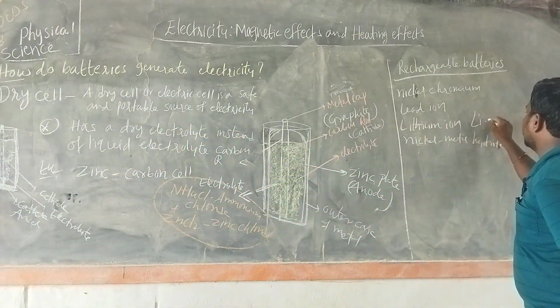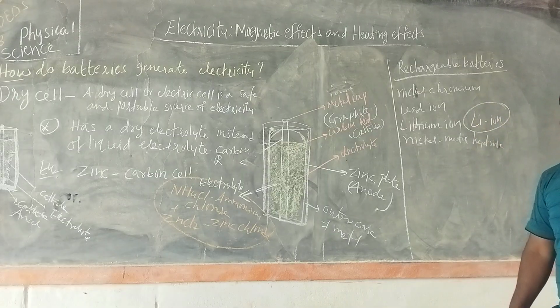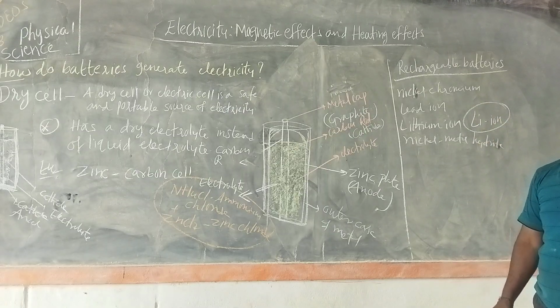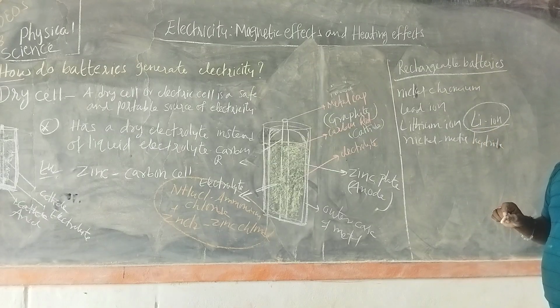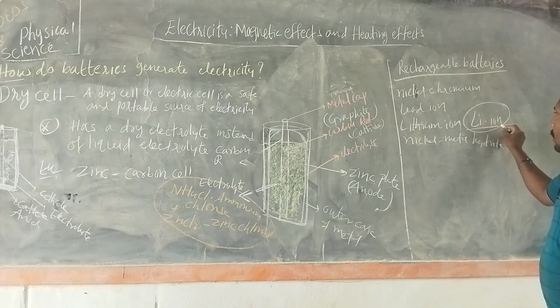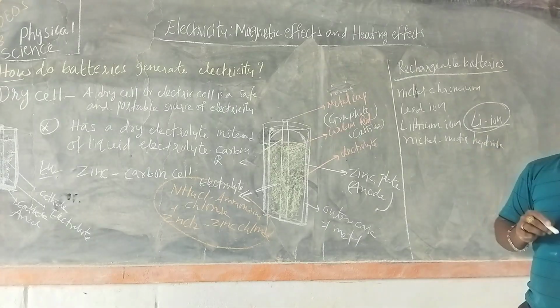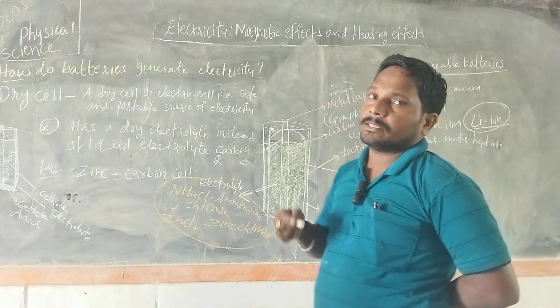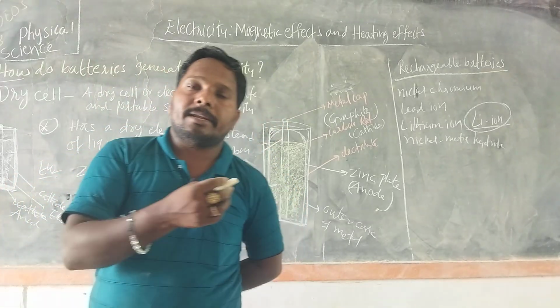Mobile phone batteries, you have to observe, are lithium ion batteries. Nickel chromium and lead sulfuric acid batteries use different electrodes and different electrolytic solutions.